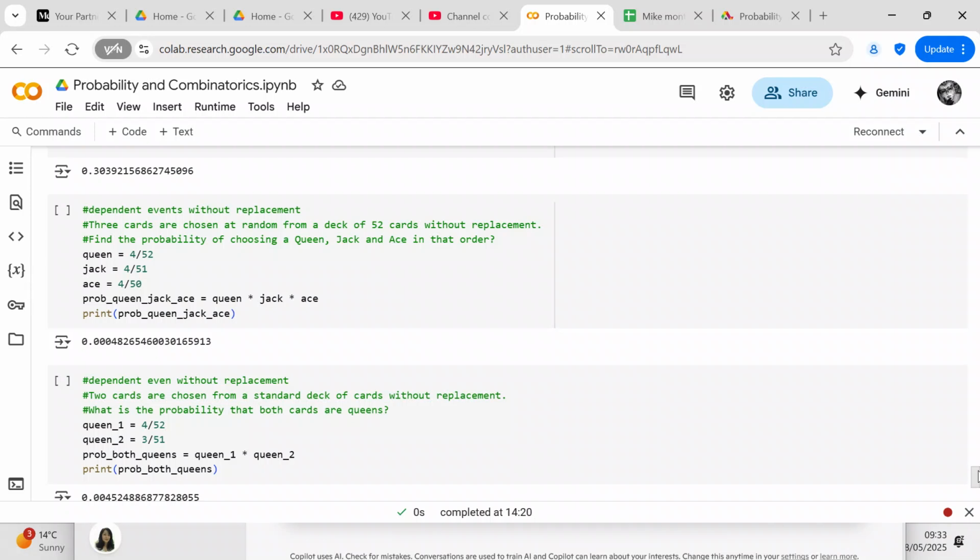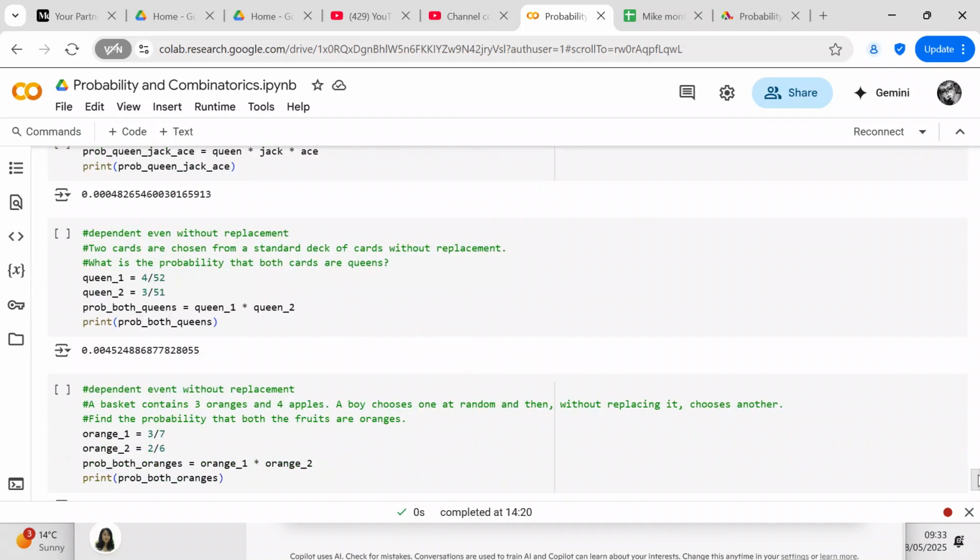And then an ace is 4/50 because there's 4 aces in a deck and it hasn't been replaced either. So the probability of queen, jack, ace equals queen times jack times ace, which gives you a really low probability of 0.048%. So it gives you a really low probability that would happen.